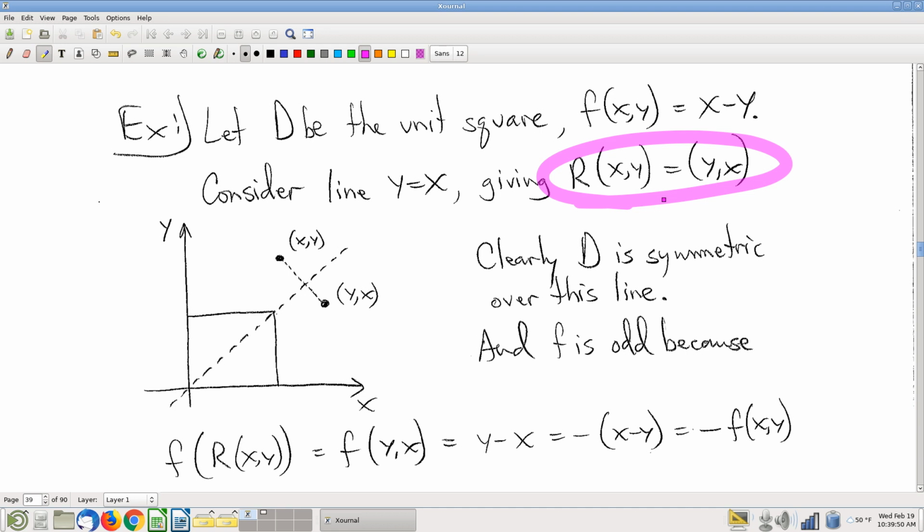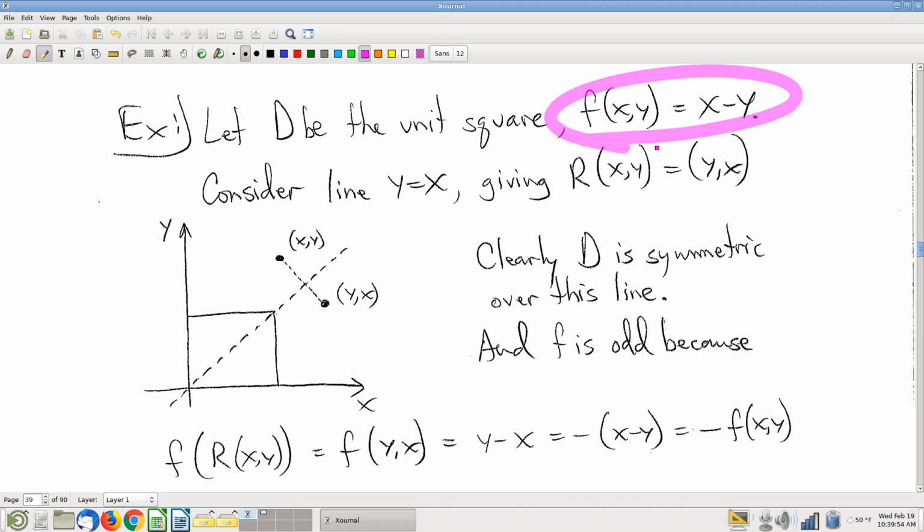Okay. That said, look at the function that you're hoping, fingers crossed, will be odd. So you can apply your symmetry argument, right? And ask yourself, is there anything I can do to this? How can I fiddle with the x and the y and make this the negative of the original value, as it needs to be?